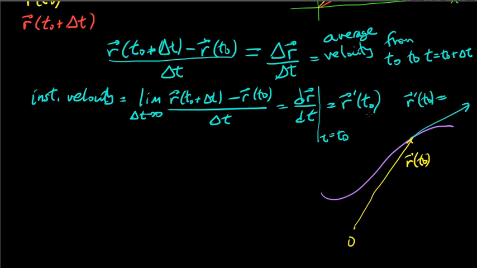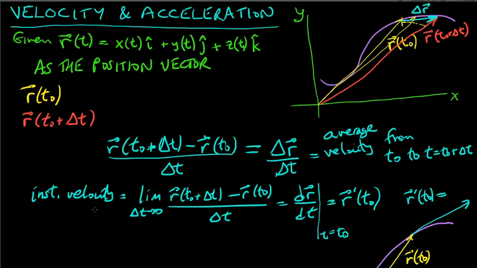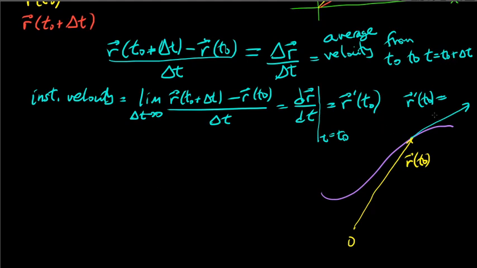Since r is the position function, the derivative of r is the velocity function. So this gives us the velocity at time t0. Velocity is just the derivative of position, and that just comes from Calc 1. But now, of course, position is no longer a number, a scalar, it's a vector.